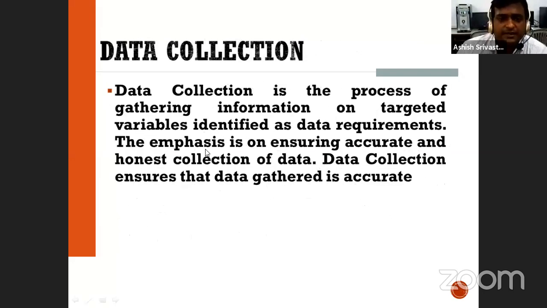In the same manner, the next step, that is data collection, is the process of gathering information on targeted variables, through which we collect data in different modes related to any particular object. The emphasis is on ensuring accurate and honest collection of the data. तो जो मेजर emphasis होता है, जो मेजर priority होती है, वो यही होती है कि डेटा जो कलेक्ट हो वो accurate collect हो. So data collection ensures the data gathered is accurate.